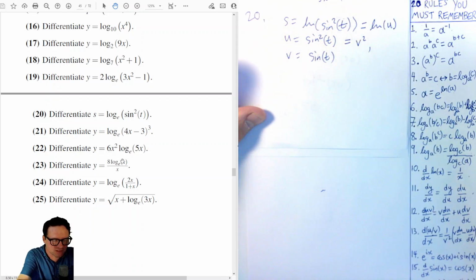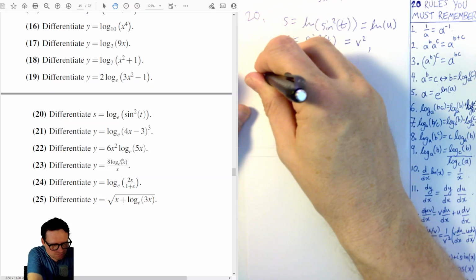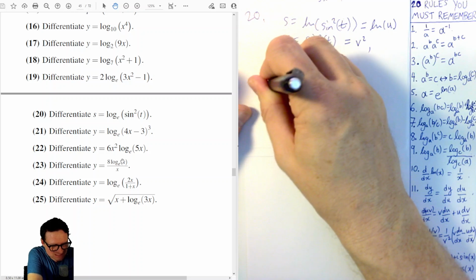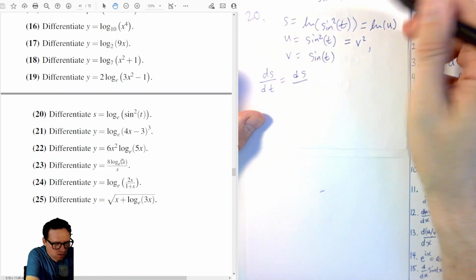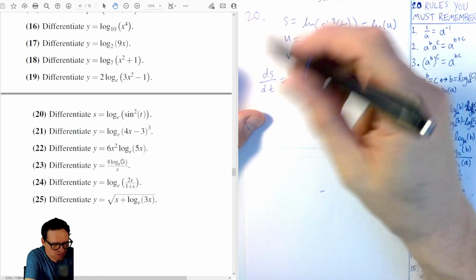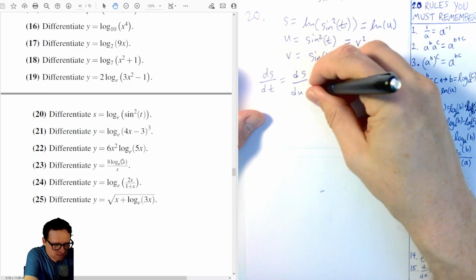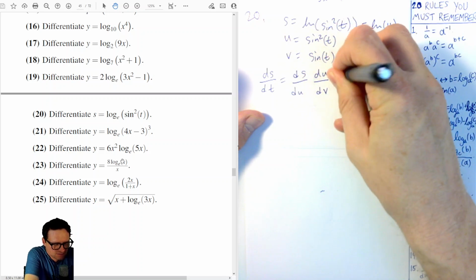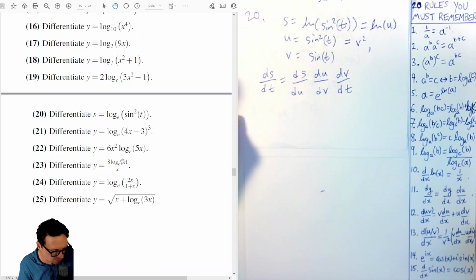Okay, so we have a function of a function of a function. Now, using the chain rule, ds on dt, that is ds on du, because s is a function of u, du on dv, dv on dt. All right, so this is our chain rule here.